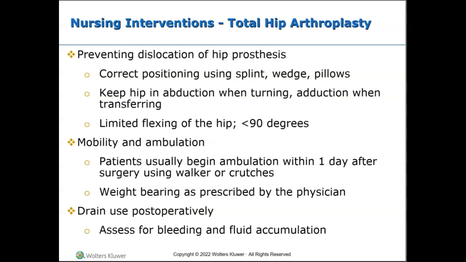And we need to limit flexing of the hip to less than 90 degrees. We need to be mobile and make sure we ambulate the patient. Patients usually begin ambulating on day 1 after surgery using a walker or crutches. And we want to do weight bearing as prescribed by the physician.